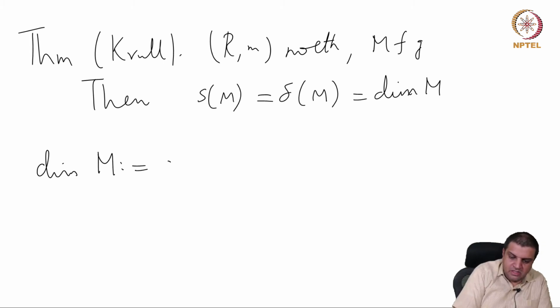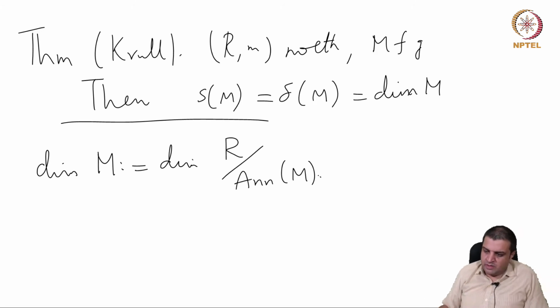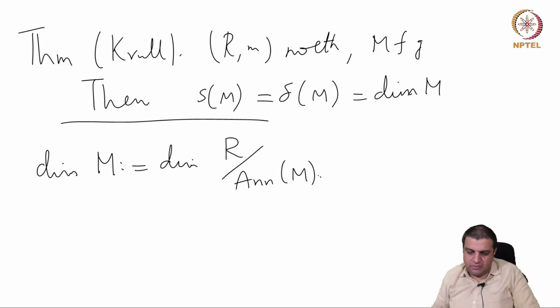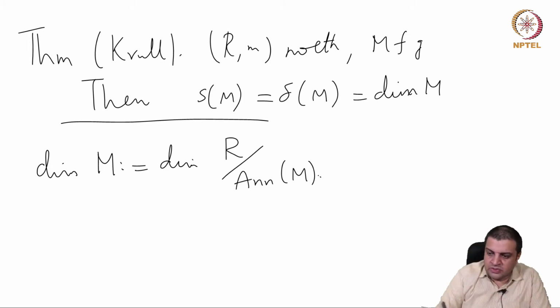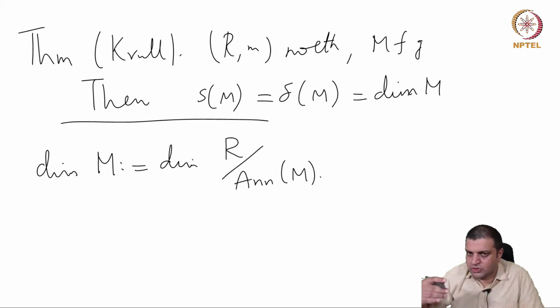Dim M is the dimension, by definition, of R mod the annihilator of M. We have said what the dimension of quotient rings is: chains of primes in that quotient ring. So this is the theorem.